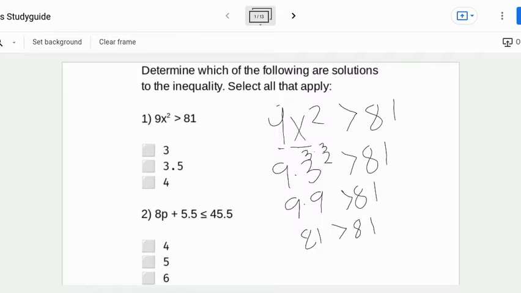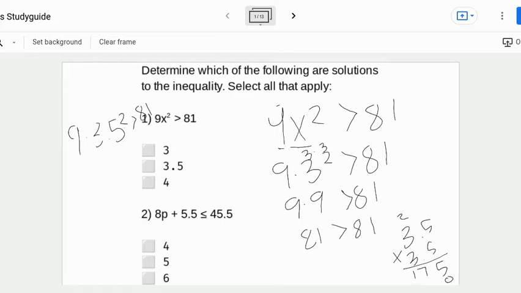Okay, the next one, we're going to plug in a 3.5. So we're going to go 9 times 3.5 squared is greater than 81. We're going to go 3.5 times 3.5. 5 times 5 is 25. 3 times 5 is 15, plus 2 is 17.